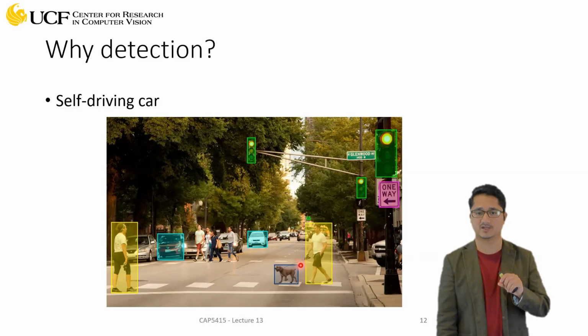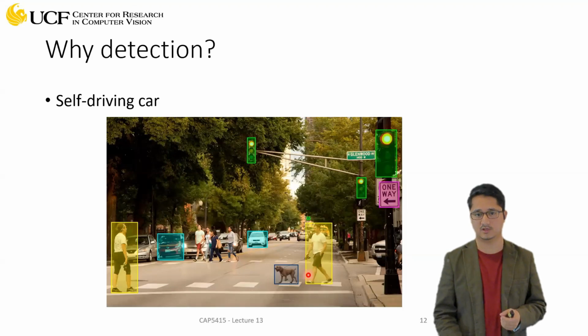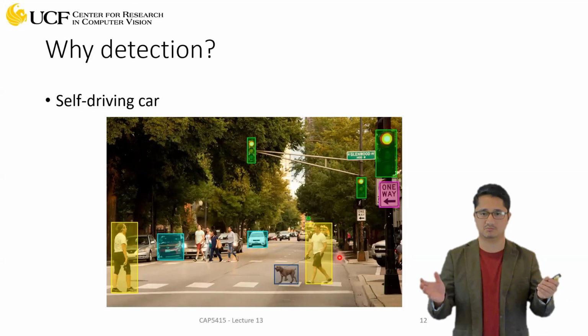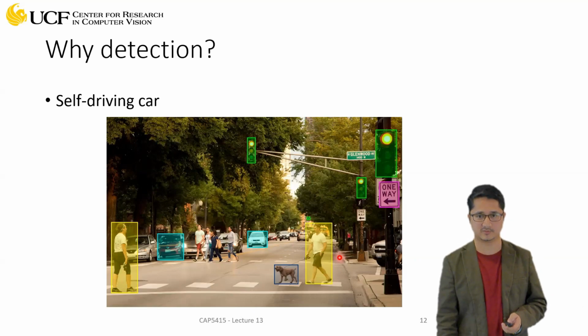But what is important is where exactly the dog is located. If a pedestrian is crossing the road, we need to know the location of that person. If the person is on the road, then the algorithm needs to decide that we have to put on the brakes, right? In comparison, if classification just says, okay, a person is present, that's not going to help you out because the person could be anywhere.